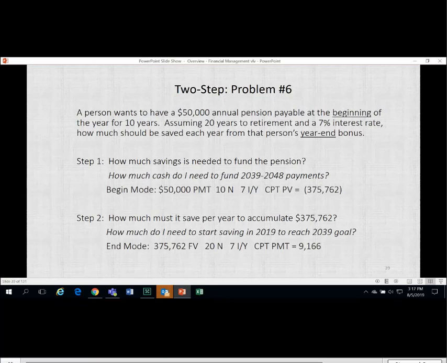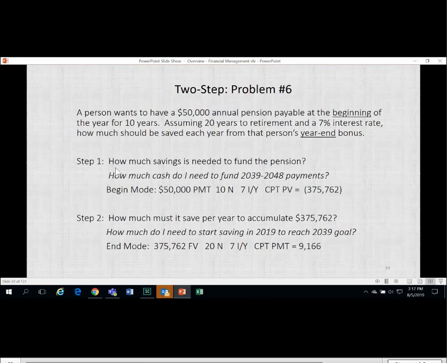Well, in all of these, step one is like out in the future. It's like trying to establish a financial goal out in the future. So we want to have $50,000 payable for 10 years. So, what are we looking for? We're looking for present value, we're looking for future value. Okay, so let's look at it this way.